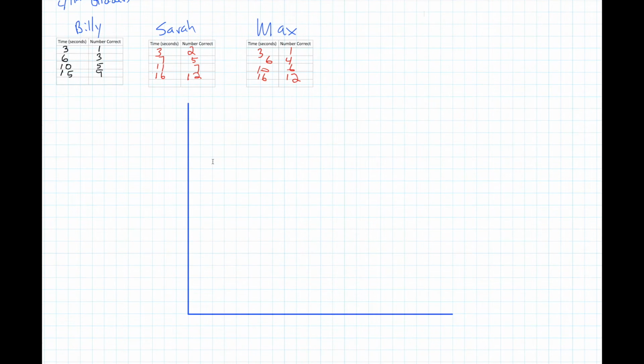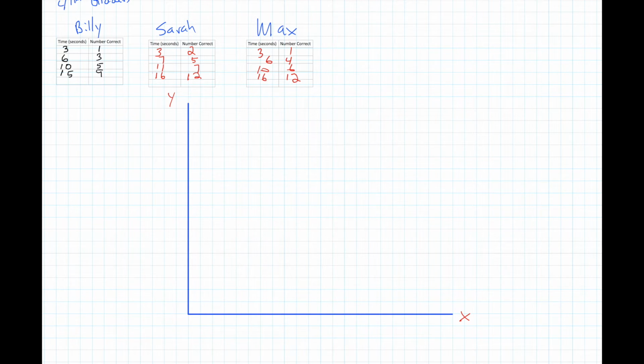You with me? Okay. So we have to put something on the x-axis, and we have to label the y-axis. What do you think we're going to label the x-axis? Think about which one depends on what. Which one do you have no control over?